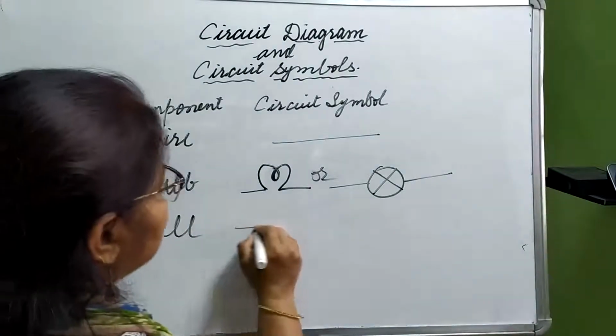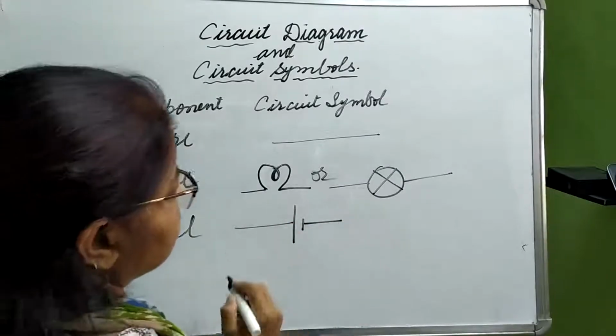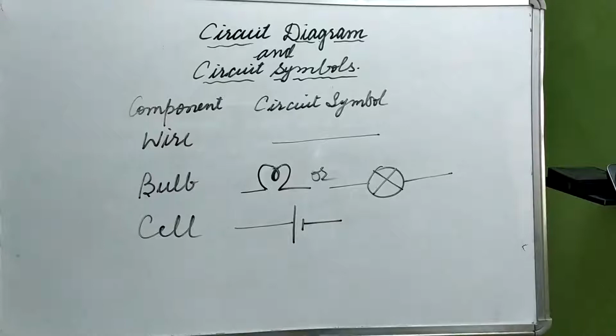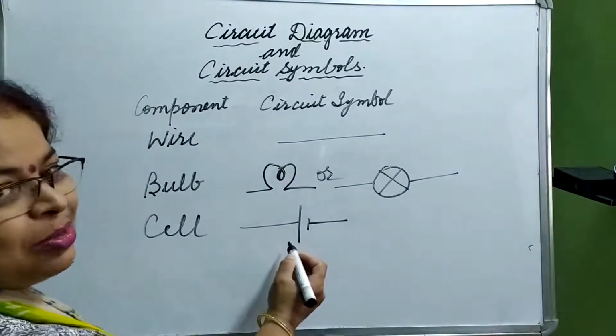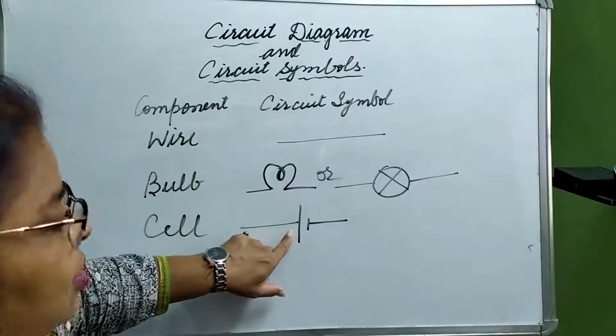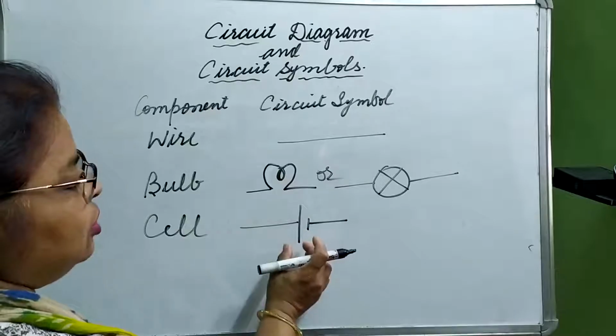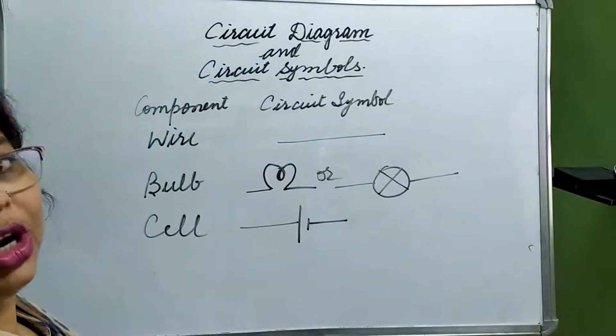How to show a cell? A cell is represented by a wire on both sides and two lines, one bigger line and another smaller line.